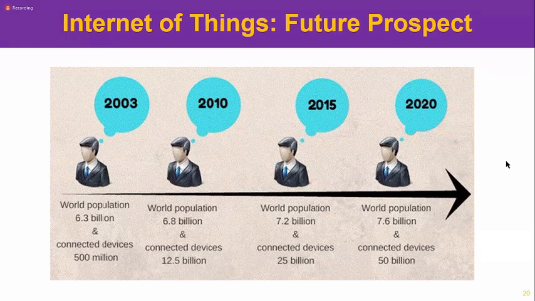So how can we manage the connectivity issues? All of this will be communicating with the internet. Earlier we used IP version 4, now it has been upgraded to IP version 6. The internet protocol has already been upgraded to support IP version 6.